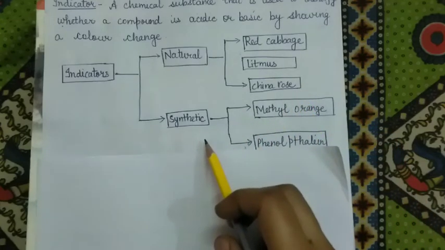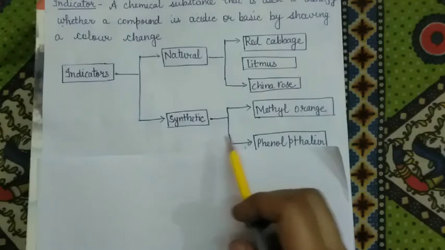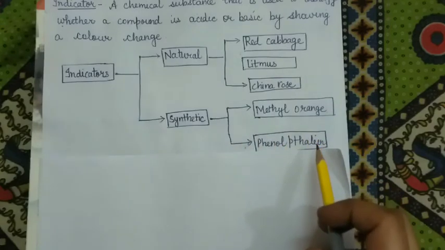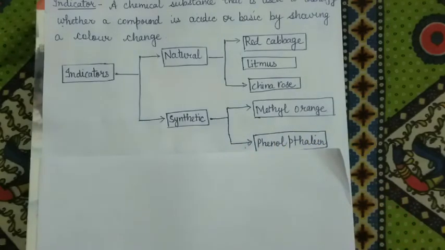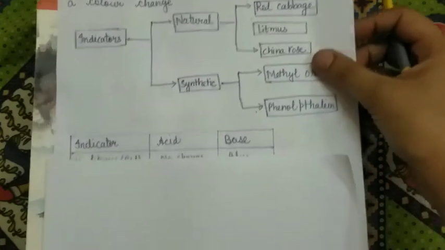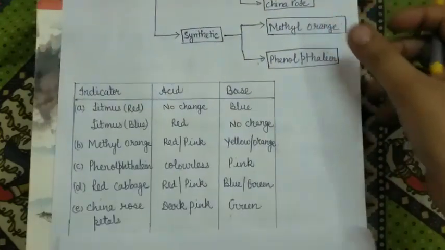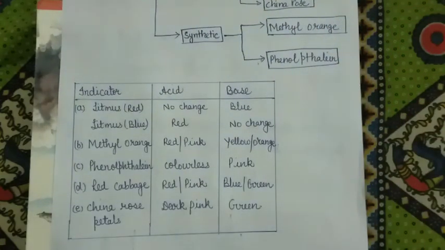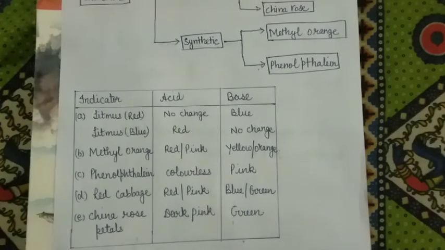Synthetic indicators are methyl orange, phenolphthalein and so on. Next I am going to show you a table that shows which indicator gives which color with acid and a base, so that you can identify.